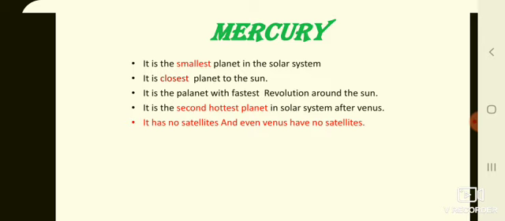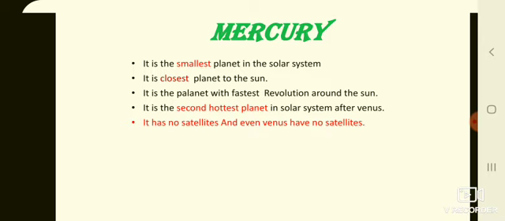I'll give you the reason behind this in my next slide. No need to worry, I'll make that clear also. So Mercury is the second hottest planet, even though it is nearest to the Sun, and the hottest planet in the solar system is Venus.